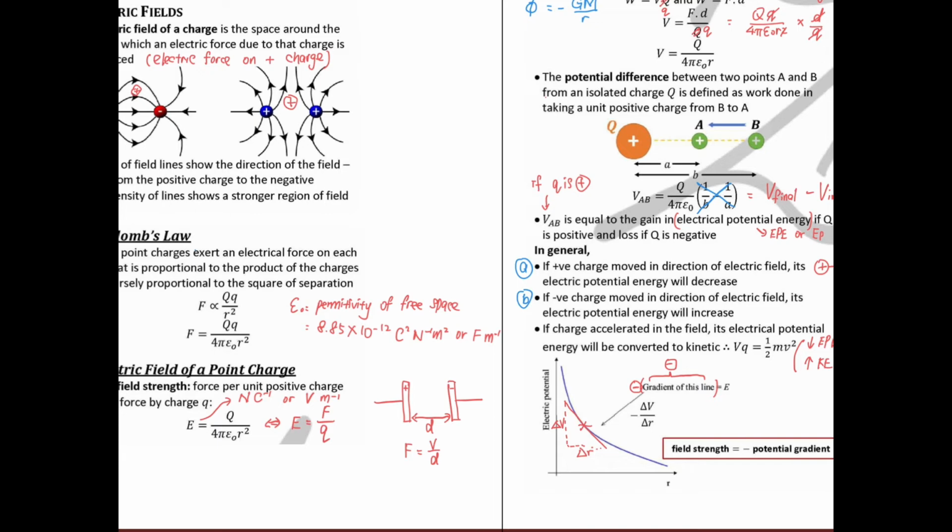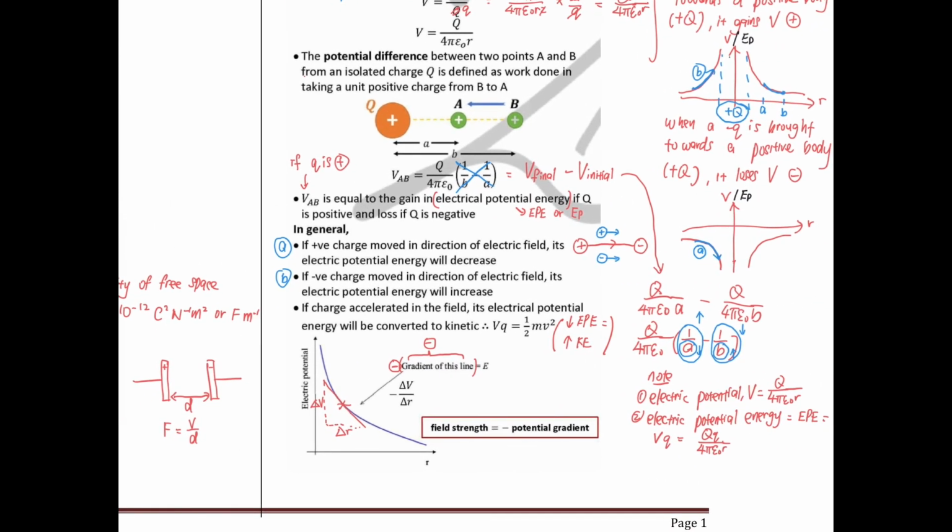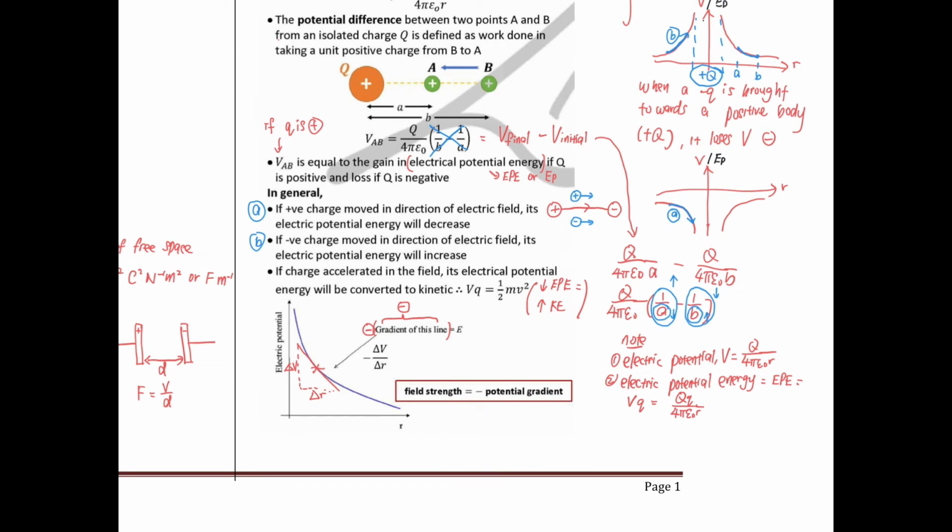Logically it is true, because you are taking V divided by R. As you can see, the V formula is here: V equals Q over 4 pi epsilon naught R. So finding the gradient is the same as dividing by R again.